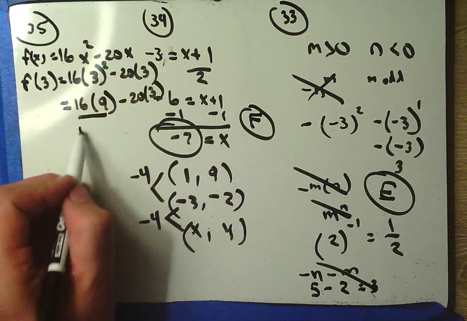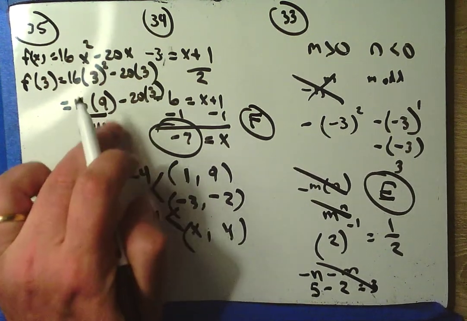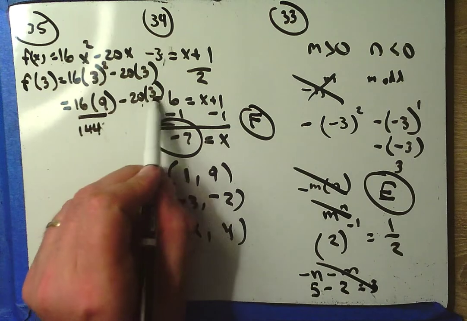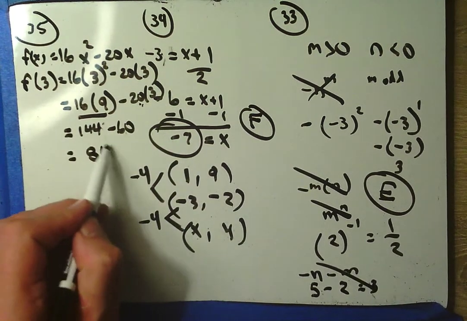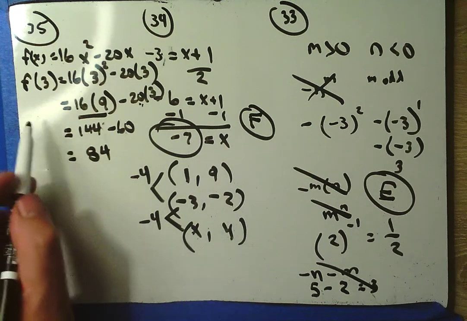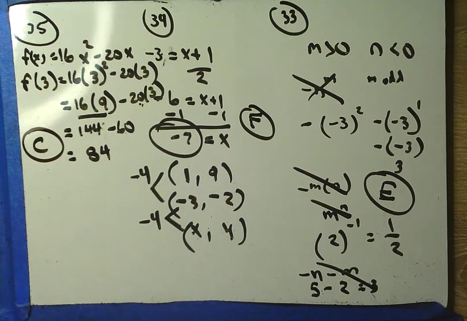And then here I have 144. And then 20 times 3 is 60. And so I end up with 84. 84 is my answer there. And that's choice C. C for number 35.